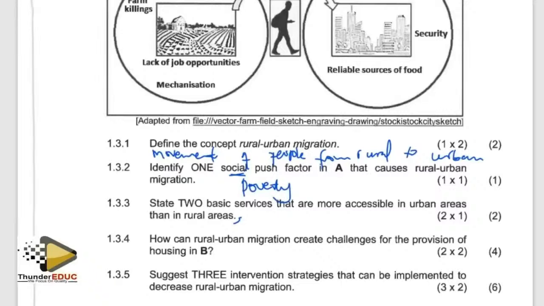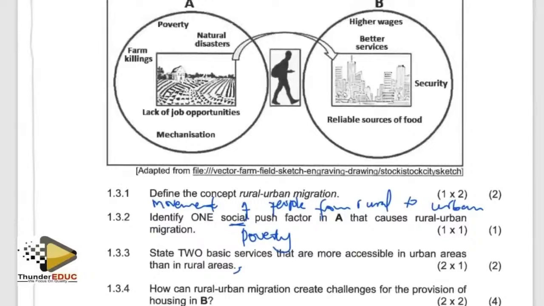State two basic services that are more accessible in urban areas than rural areas. Two basic services. Like what? Better basic services. We can look at aspects like medical services. Okay. Accessibility to running water.